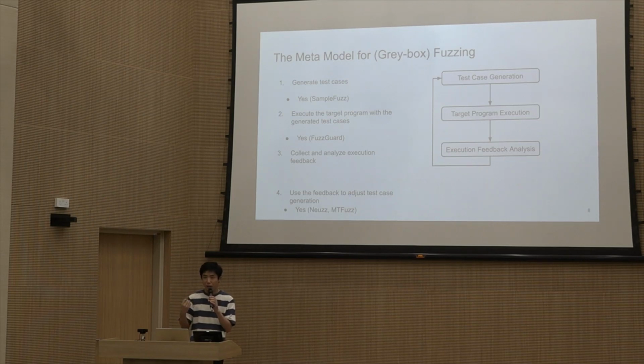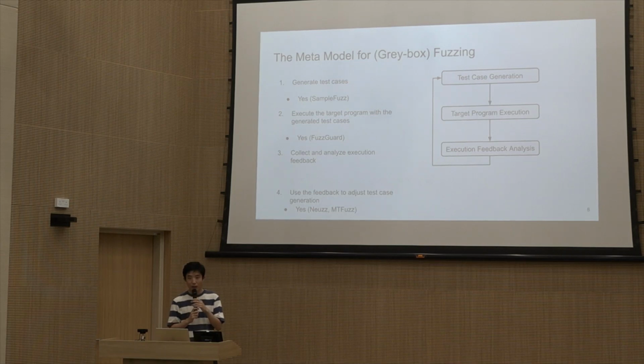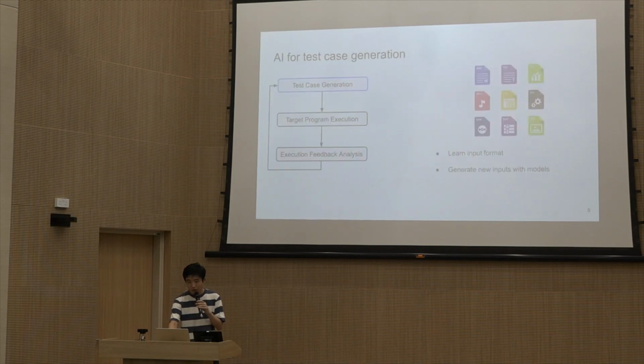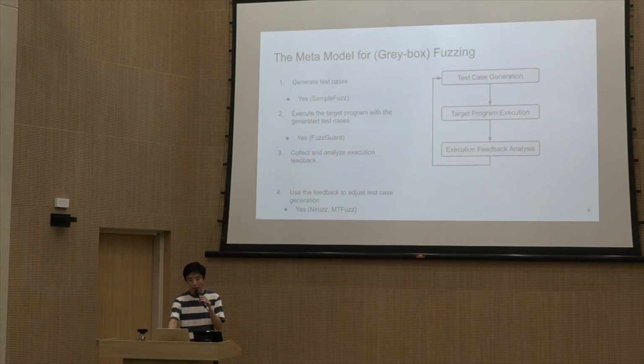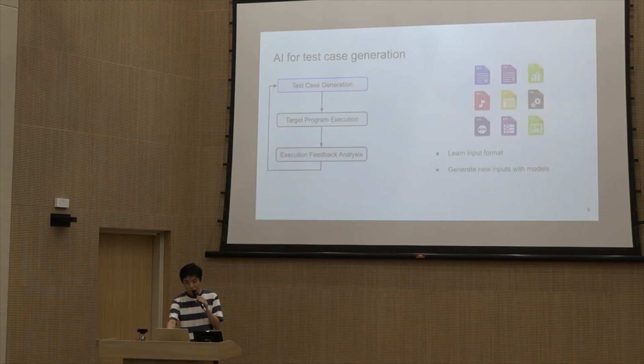It doesn't require that accuracy again, because we are executing the target program with a large amount of test cases, and if this time we have a wrong result, it doesn't matter, because we can always come up with new test cases. So this is roughly where we can apply AI techniques to fuzzing.